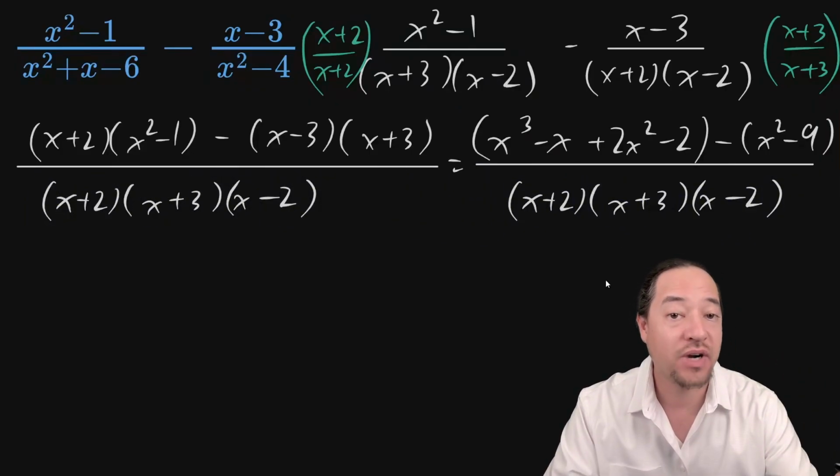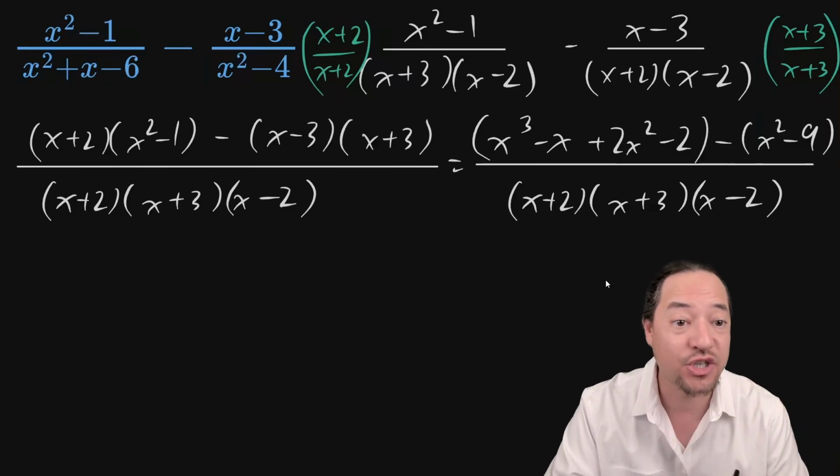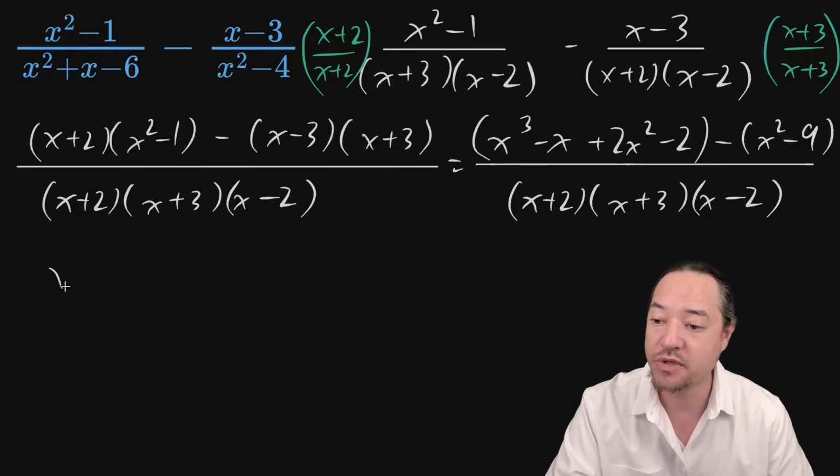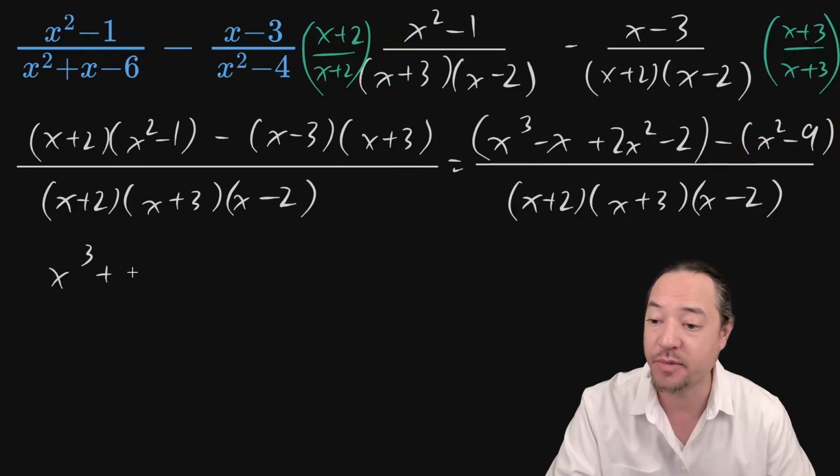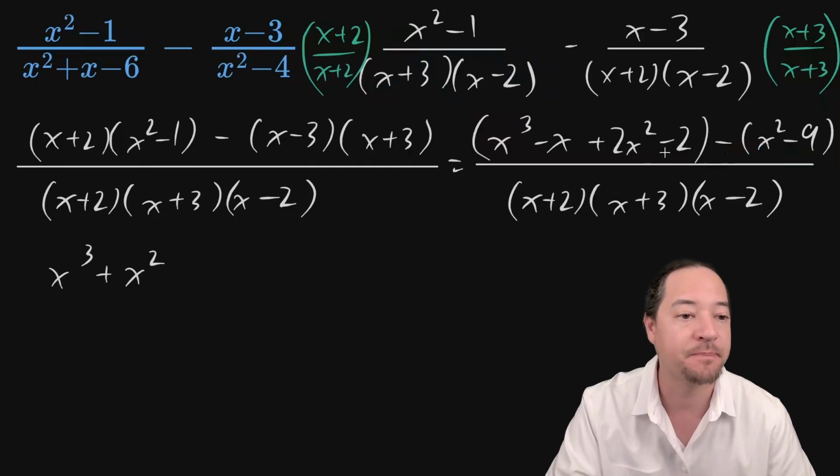And now I can try and combine the like terms here. So let's see what I get. I have an x cubed. Then a plus 2x squared, and here I'll have a minus 1x squared. So plus 2 minus 1, that's just going to be a plus 1, right? So there'll be a plus x squared.